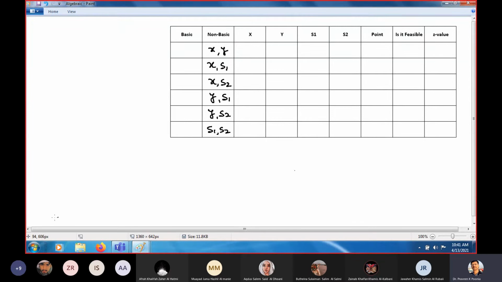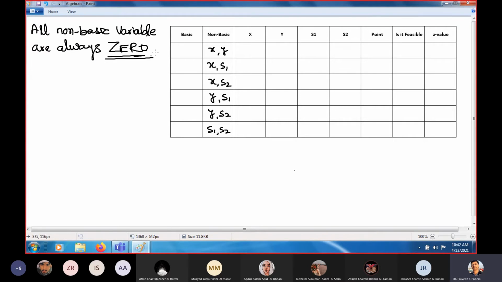And my dear friends, this is a very important question. This is a 1 mark question, true false: all non-basic variables are always 0. Please remember. Clear? So X is 0, Y is 0.